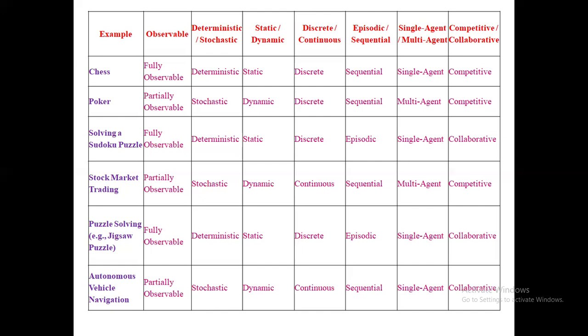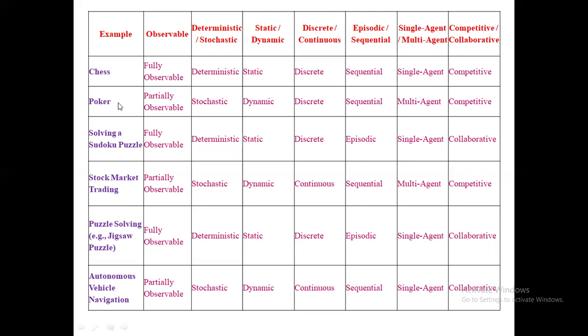The competitive nature of chess arises from the objective of defeating the opponent. Finally, chess is a known environment because all possible states and outcomes can be calculated, making it an ideal domain for strategic AI systems.